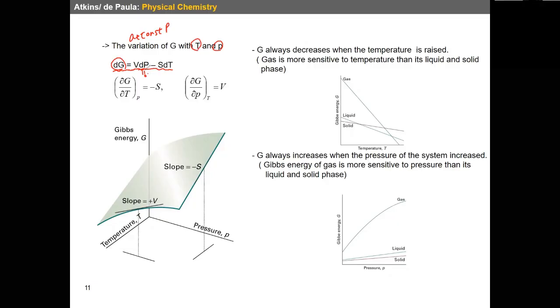Then we get the partial derivative of G with respect to T at constant pressure equal to minus S, right? And in a similar way, at constant temperature, dT will be 0. Then the partial derivative of G with respect to P at constant temperature is V.